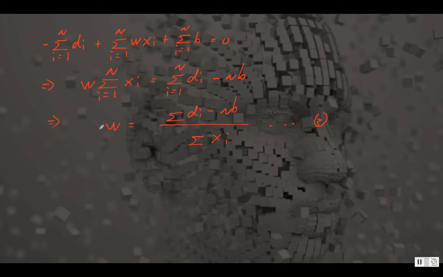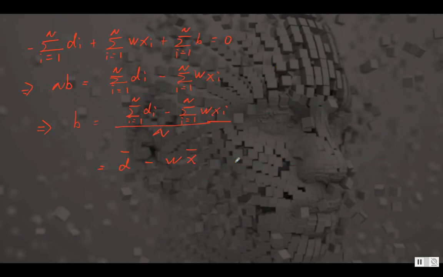So now next step is we plug 3 into equation B, equation 2. So this is equation 2. We plug the w into this equation. Replace the w with the equation 3. Now what we got is, we got this.